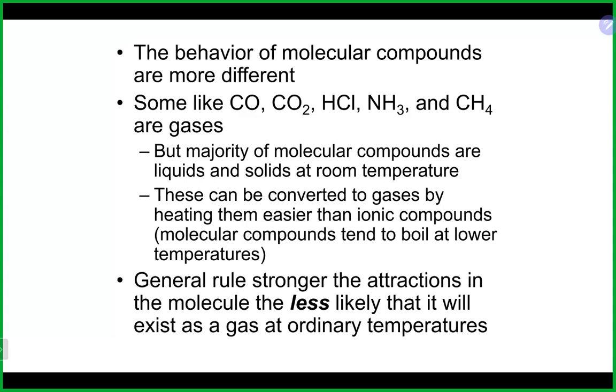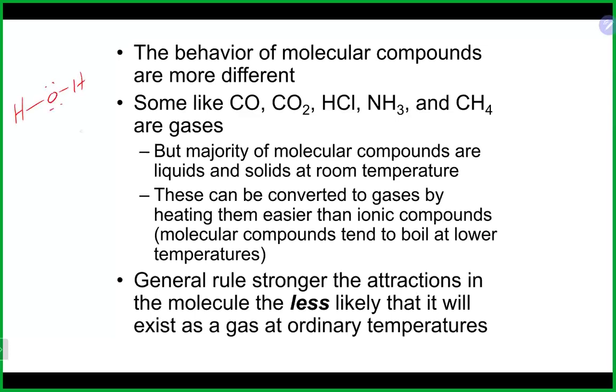And the nice, easy example is this thing right here. Not this pipe, but it is water. Yes. So we could boil water pretty easily, and water will turn into steam, which is the gas phase of water. So we could very easily turn something like water, which actually shares electrons, into a gas.